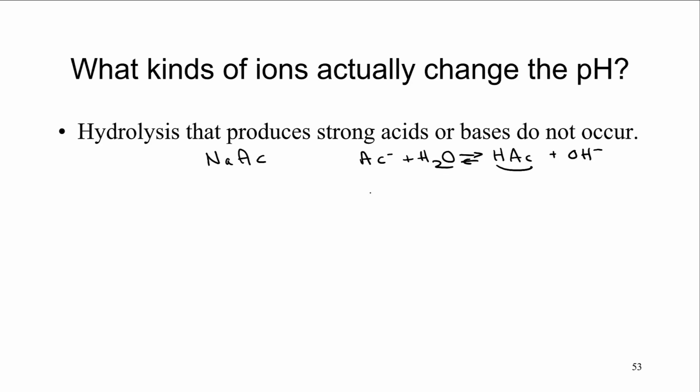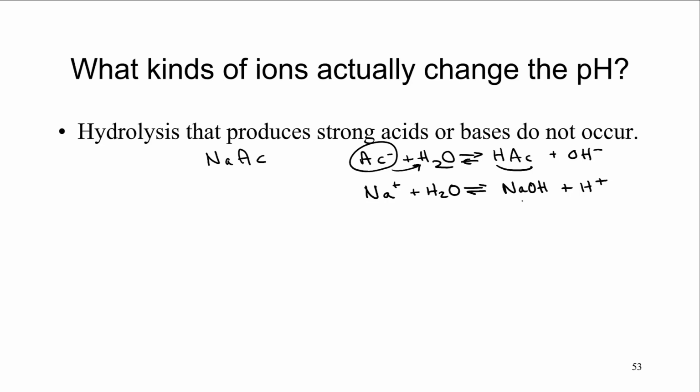If I take sodium and I do the same kind of reaction, now you have to remember sodium can react with water as well. And if it does that, what it does is it pulls the OH off instead of the H, right? So if you think about acetate, it pulled the H off because it's the base. Sodium will pull the OH off, and you'll get sodium hydroxide like this, plus H plus.